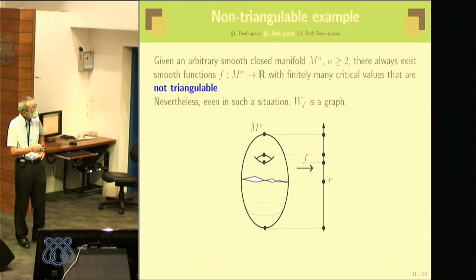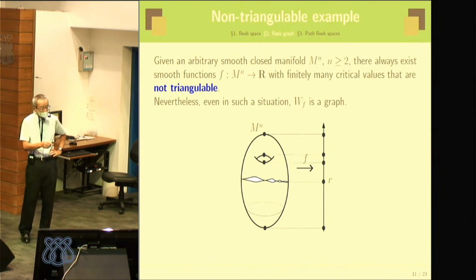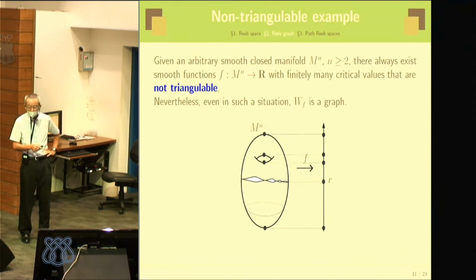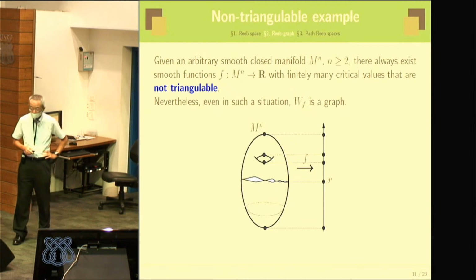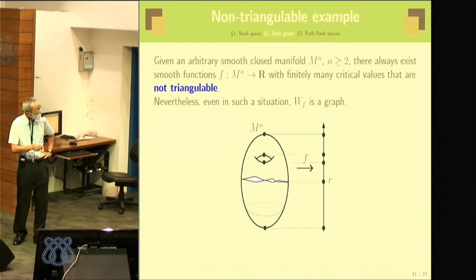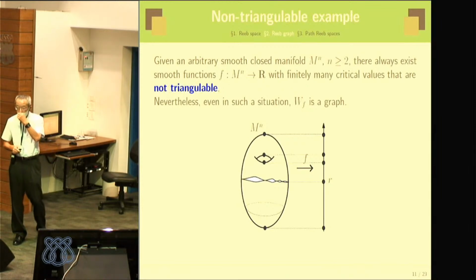But here you insert some very complicated stuff, such that this cannot be triangulated. For example, the interior of this has infinitely many connected components. Such a function can be constructed with the help of a bump function around here. All these points are mapped by the new map F to the value R.